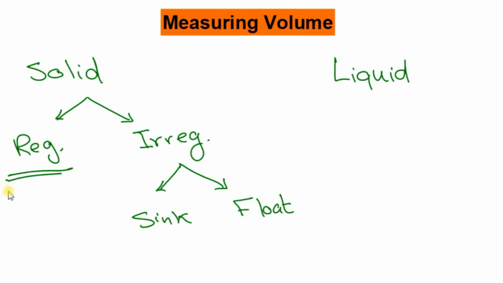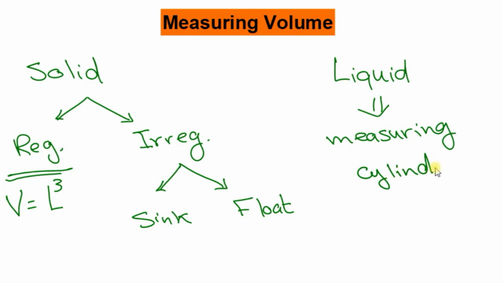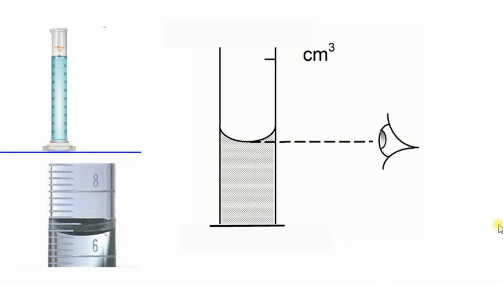A regular solid can be directly calculated by measuring its dimension. For example, the volume of a cube is equal to the side length to the power of 3. For a liquid, we will use a measuring cylinder. For the irregular object, we will use the displacement technique, as we will see.